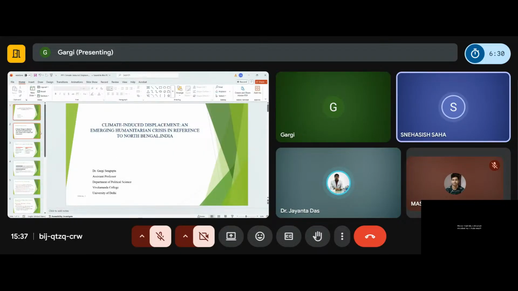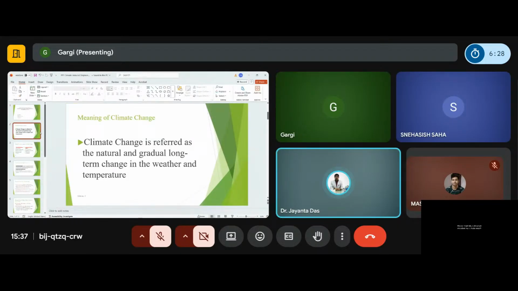Yes, madam, your slide is visible. Go with the slideshow mode. Okay, sir.